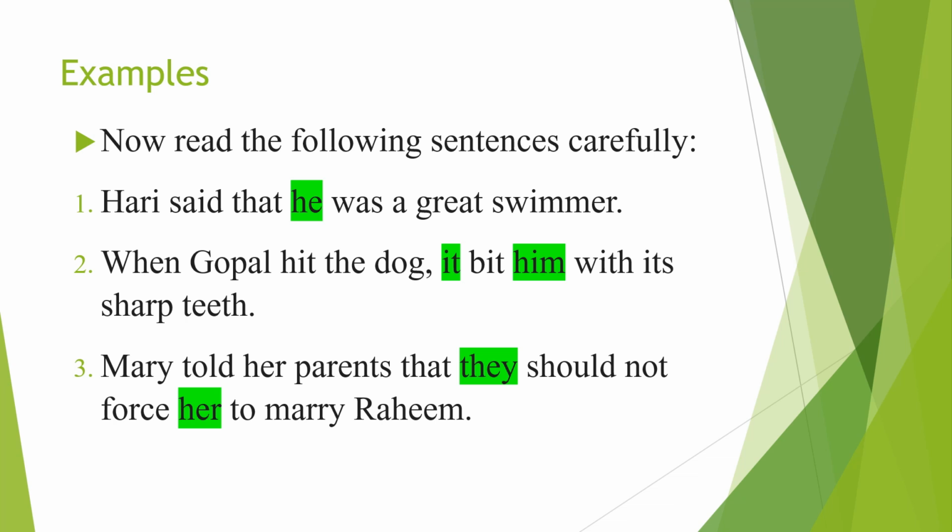See, we have already used the name Harry. So instead of repeating the same person's name, Harry, we will say he. So this is called a pronoun. Pronoun means for a noun or instead of a noun. So we should not say that, Harry said that Harry was a great swimmer. We must remember this because we should not repeat the same name.